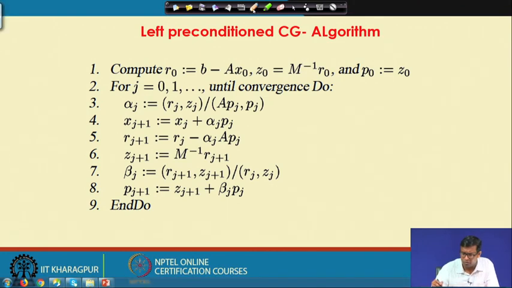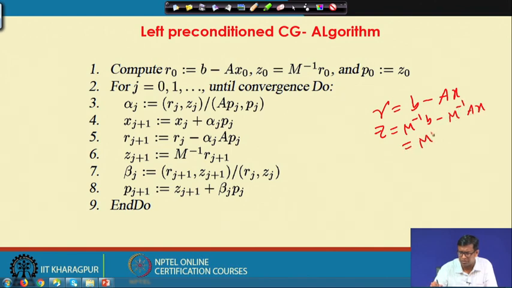So, we should know that r is equal to b minus A x, and z is equal to M inverse b minus M inverse A x, which is the preconditioned system, or M inverse r. Then we get z_{j+1} is equal to M inverse r_{j+1}, beta is equal to r_{j+1} z_{j+1} by r_j z_j, which is, as we have seen earlier, beta is equal to z_{j+1} transpose M z_{j+1} by z_j transpose M z_j.